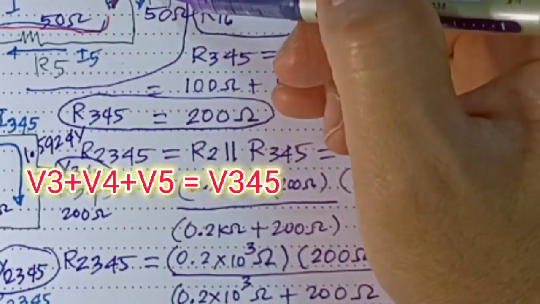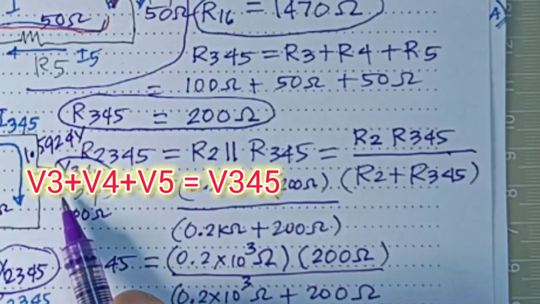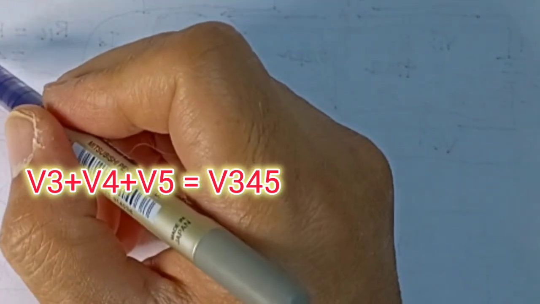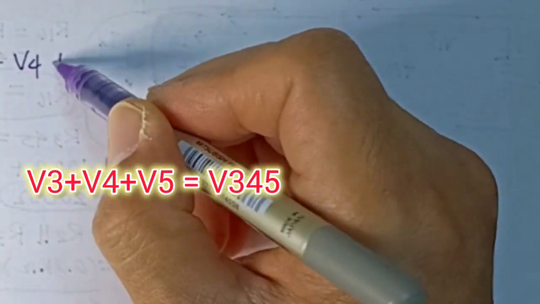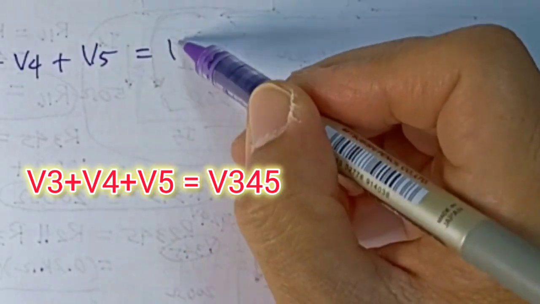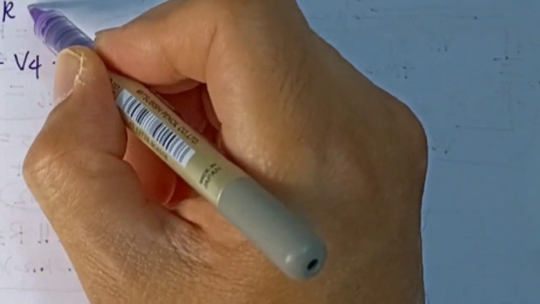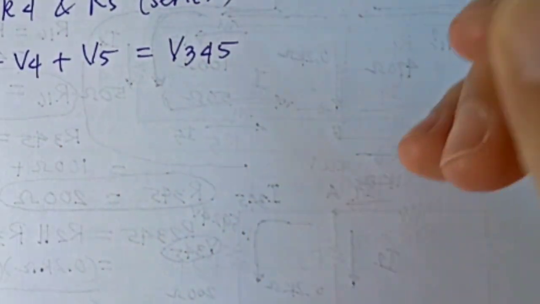What I mean is V3 plus V4 plus V5 will be the total voltage V345. So we can say that V3 plus V4 plus V5 equals V345, because R3, R4, and R5 are in series.